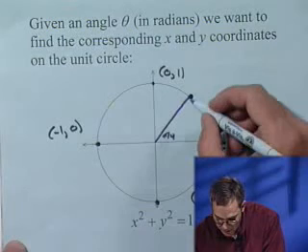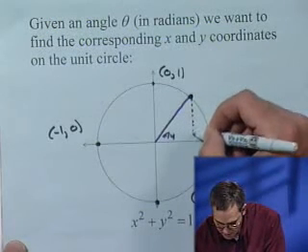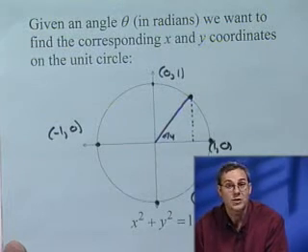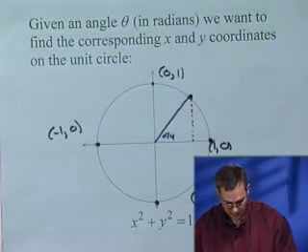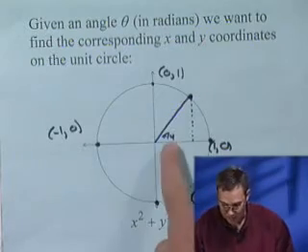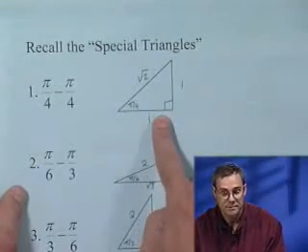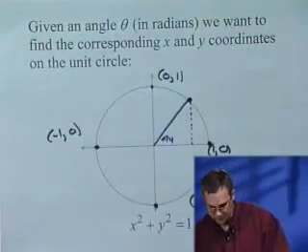Well, notice if I drop a perpendicular line straight down, I'll just go ahead and make a dotted line. I have created a right triangle. Now, I know a special relationship on a pi over 4 right triangle. It's this one right here. So I'm going to write that to the side here.